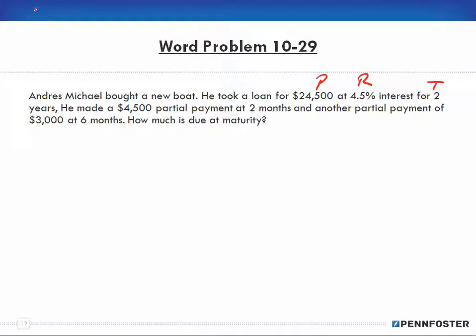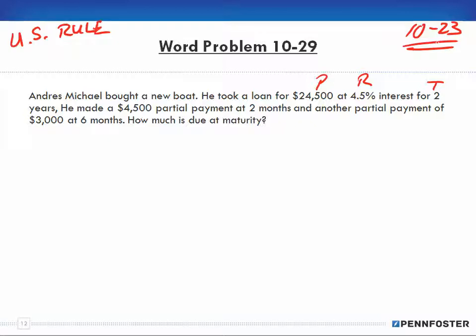Again, when we're making partial payments, we're talking about the US rule, which says that out of the partial payment, we pay the interest first, and then we use the remainder for the principal. We did a problem like this, problem 10-23, and that was one whole video, took like 13 minutes.